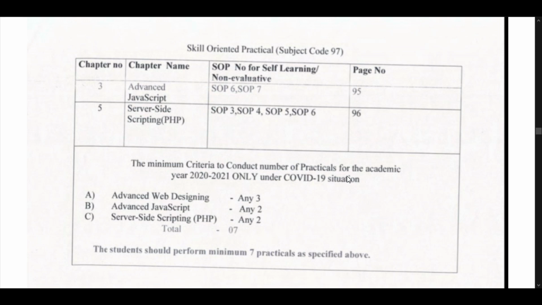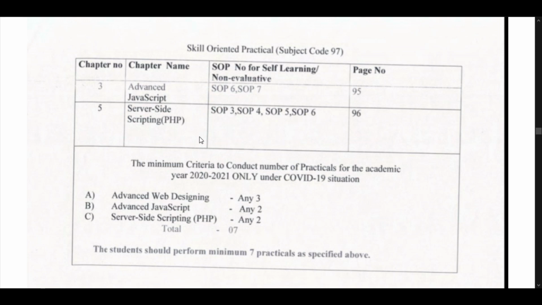So we have completed the first 8 SOPs of chapter 1 and the first 7 SOPs of chapter 3, advanced JavaScript. Out of that, SOP 6 and 7 have been deleted, and from server-side scripting, 4 SOPs, that is SOP 3, SOP 4, SOP 5 and SOP 6, have been deleted from our portion.